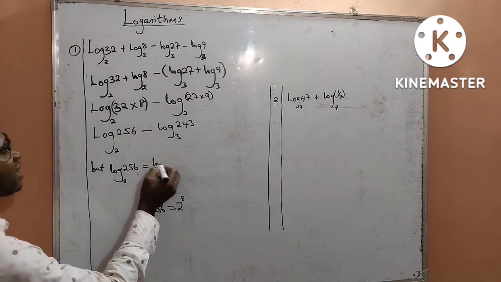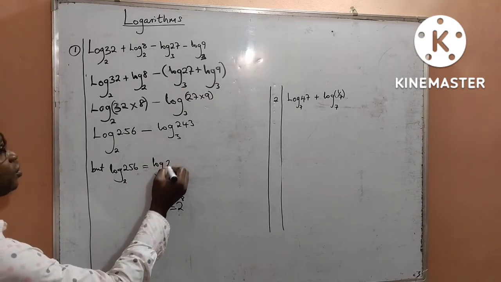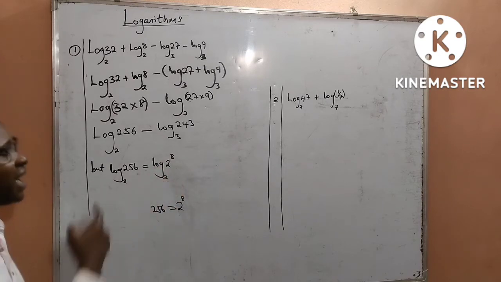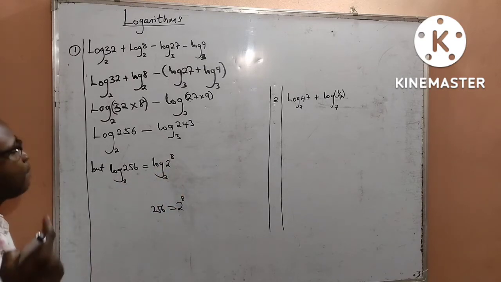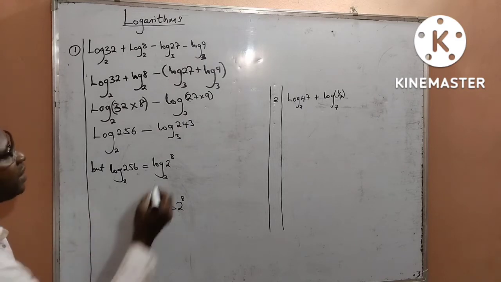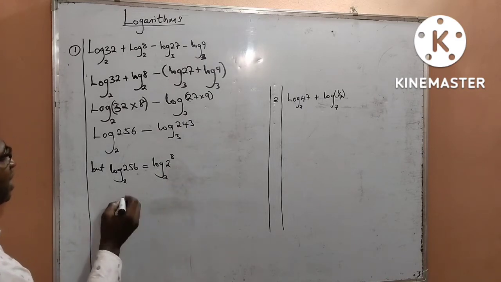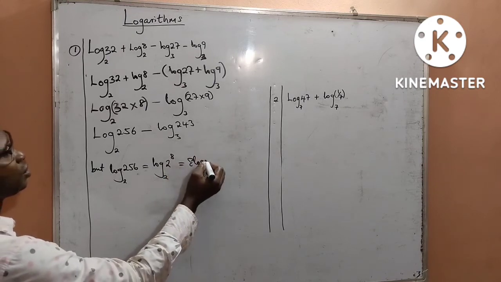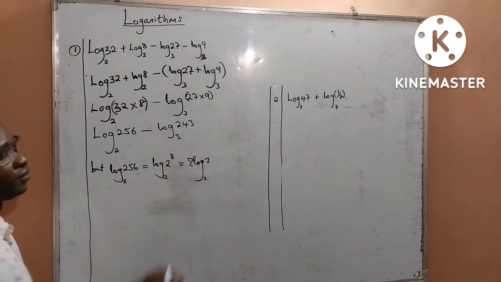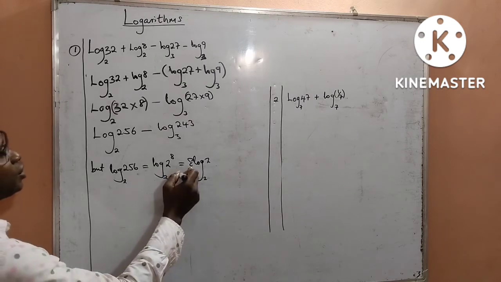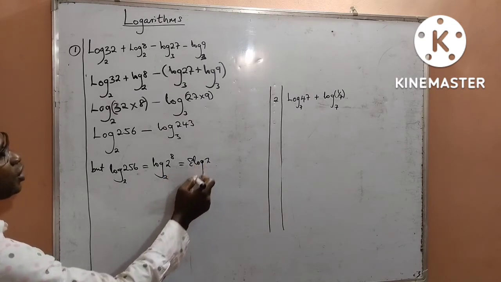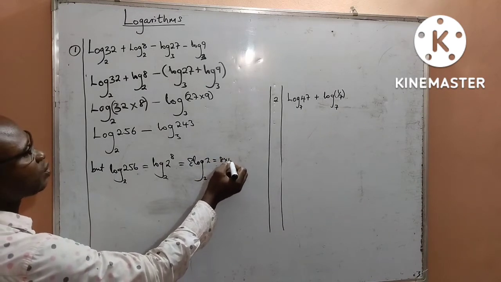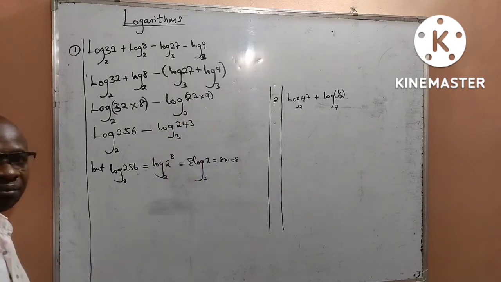Therefore, I can write it as log of 2 raised to the power 8 to base 2, which, if I apply the power law of logarithms, can be written as 8 log 2 base 2. You know that the logarithm to its own base is 1, so this is 8 times 1, equal to 8.